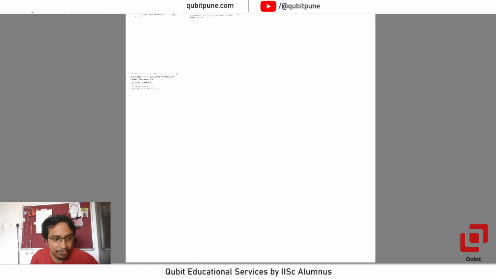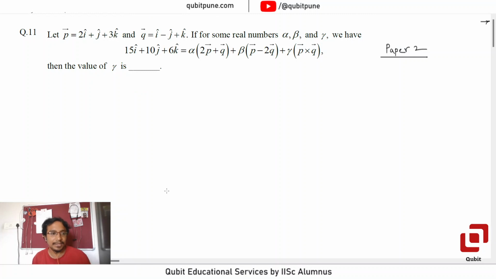Okay, for the 3D geometry, I picked 3 questions from JEE Advanced 2024. This is question number 11 from that. Let p bar be 2i plus j plus 3k and q bar be i minus j plus k. If for some real numbers alpha, beta, gamma we have 15i plus 10j plus 6k equals alpha into 2p plus q plus beta into p minus 2q plus gamma into p cross q, then the value of gamma is.